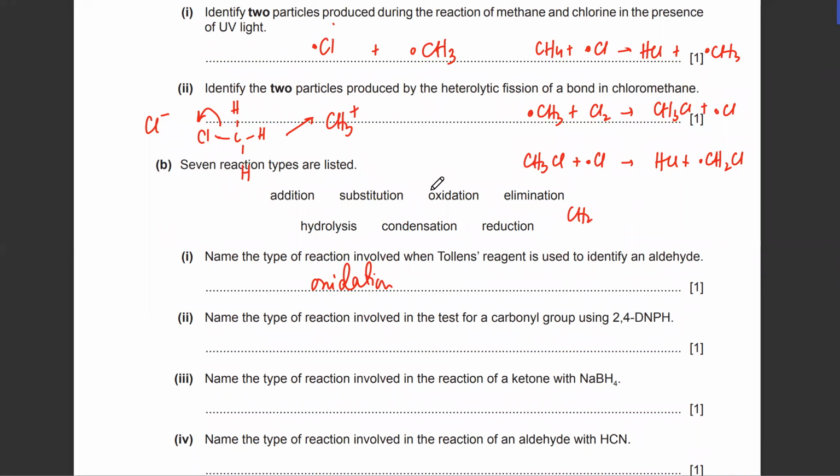Name the type of reaction involved in the test for the carbonyl group using 2,4-DNPH. I had done this 2,4-DNPH as well.